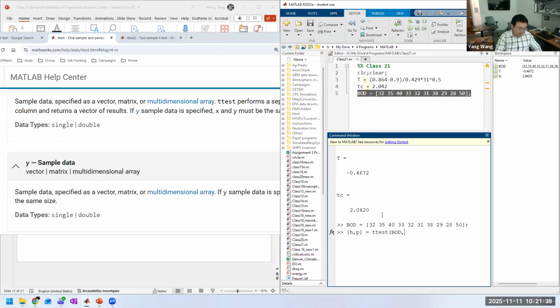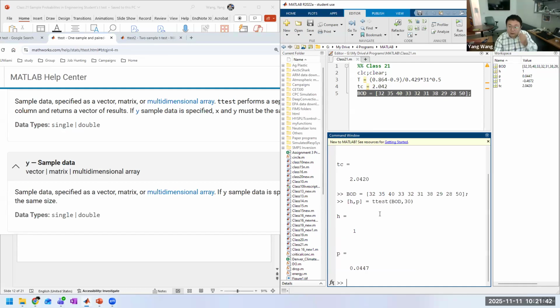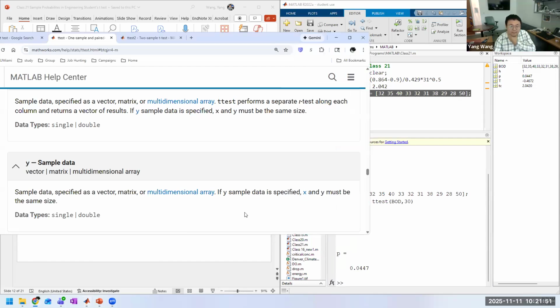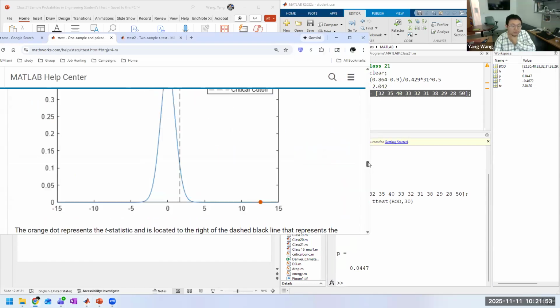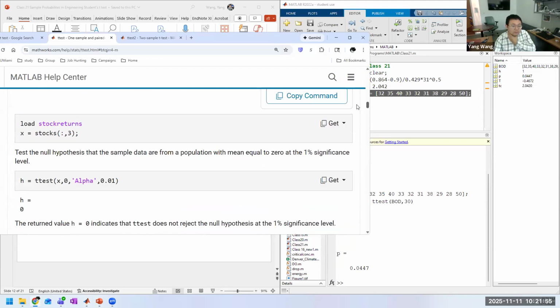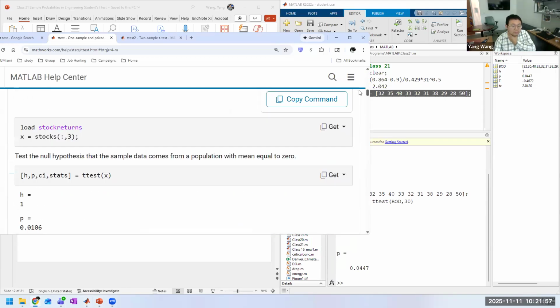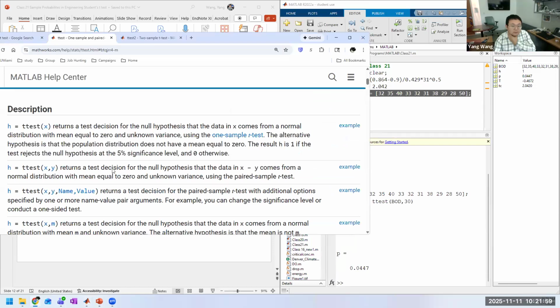So then we can put in, let's say, the EPA standard, right? This is what the factory is proposing. Then it's going to give you H being 1, which basically means that the hypothesis is rejected, okay? The hypothesis is rejected. Let's see.